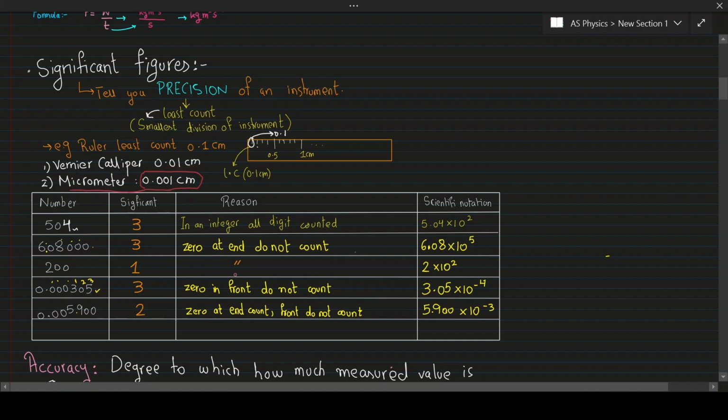Okay, now how we're going to represent our answers in the paper? Like, it's usually in 2 decimal places. It's written in your exam, or you can say 3 significant figures.